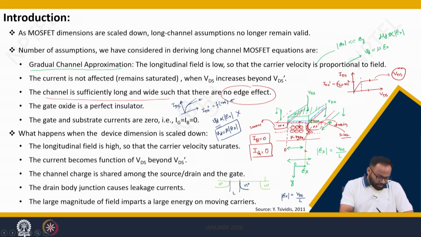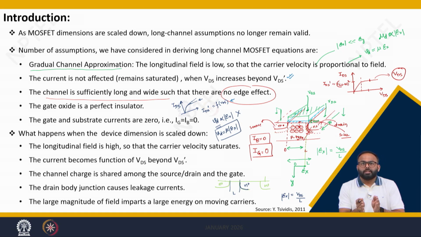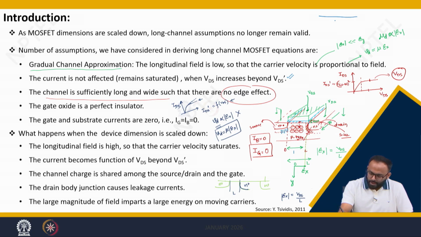Out of which the third assumption is very, very important, because the moment you reduce the channel dimension in terms of channel length and the width, the charge which is present at the edges in the depletion region now becomes a shared charge of the gate. Meaning, earlier you were ignoring this second order effect, or this edge effect, right.